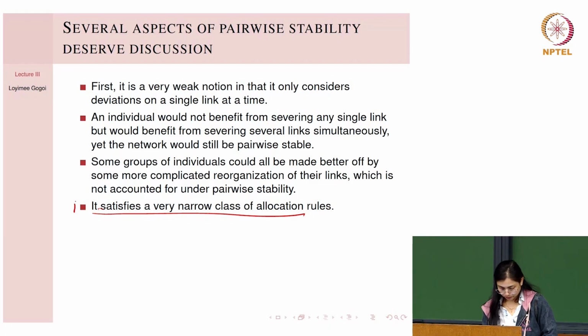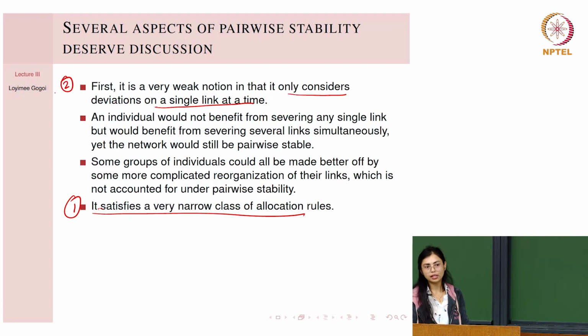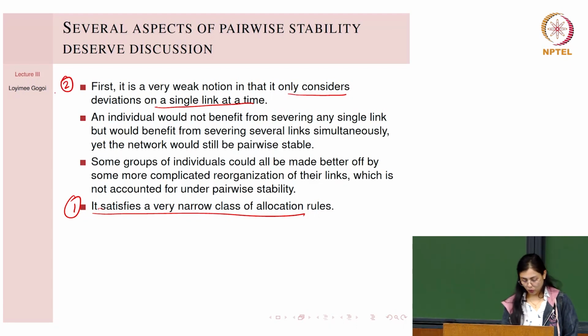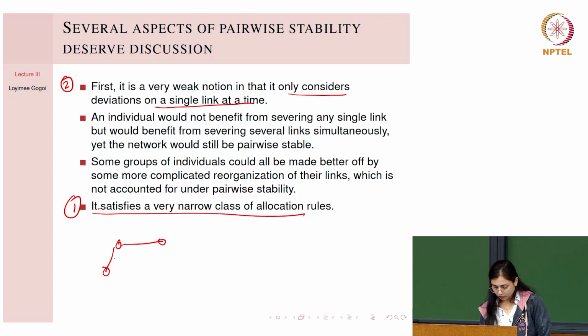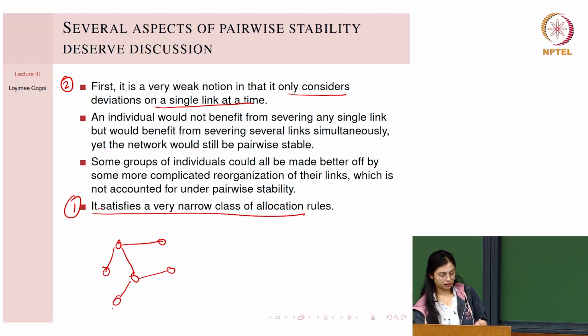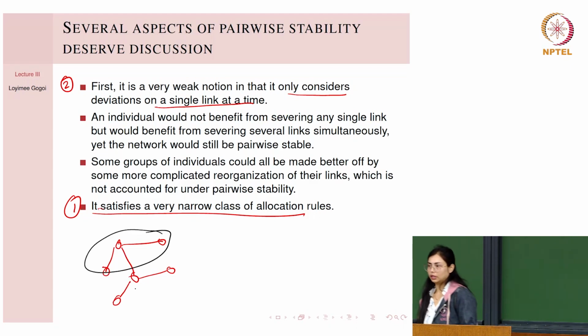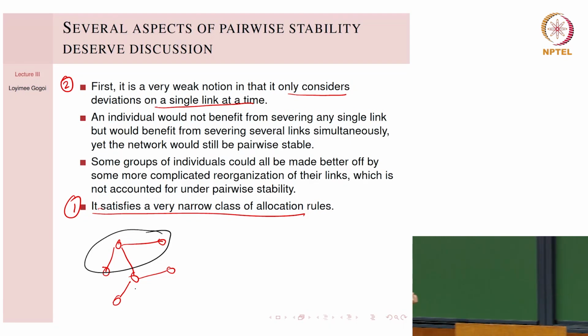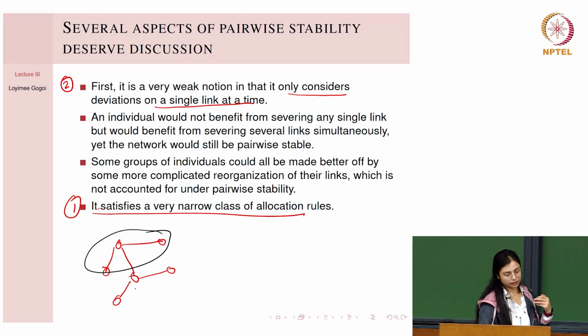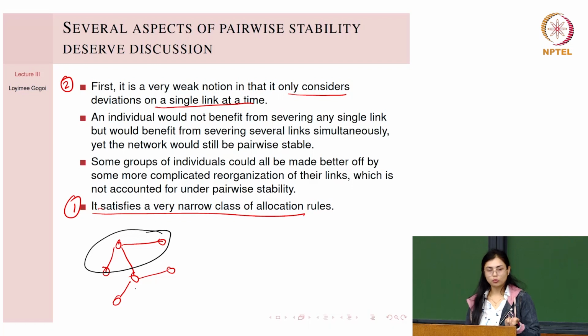That's one drawback. The second drawback is that it only considers a single link at a time. Suppose a player has more links, and by adding or removing a set of links, he would benefit more.